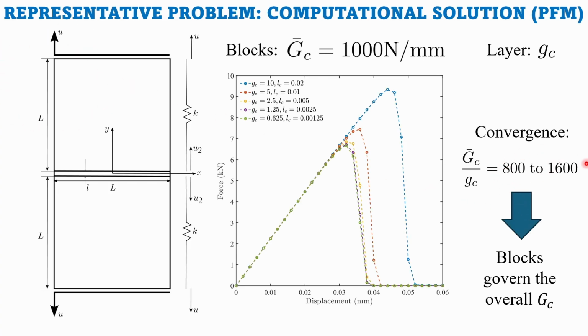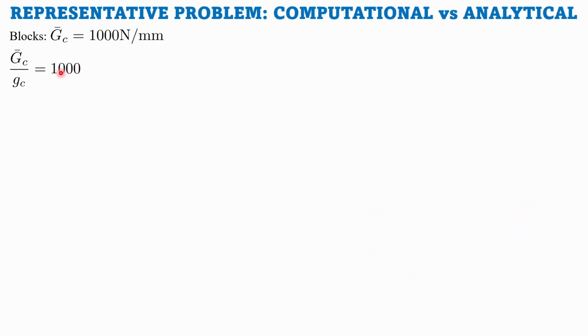Now, we make a comparison between the analytical expressions that we derived using the spring stiffnesses and the actual phase field simulation that we did. So again, we take the block GC bar as 1000 and we choose a toughness ratio in this range. We take it safely as 1000.